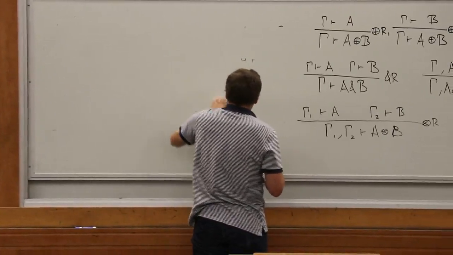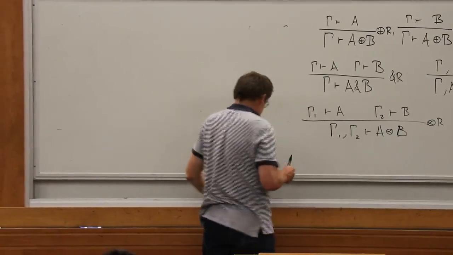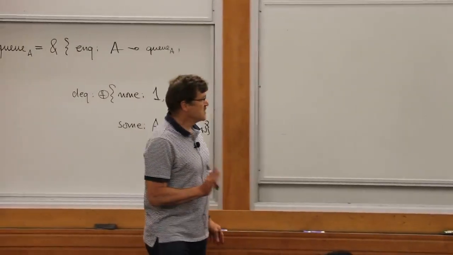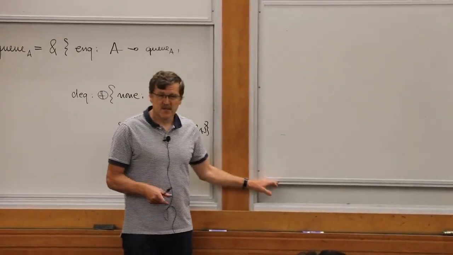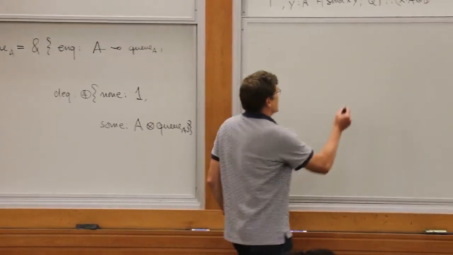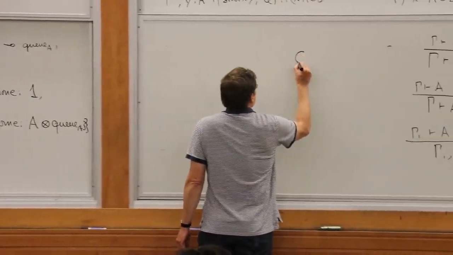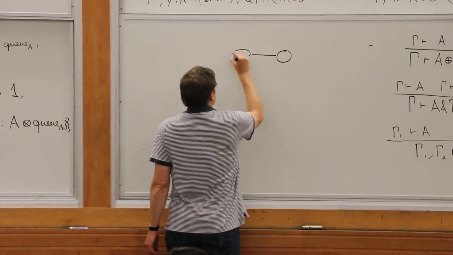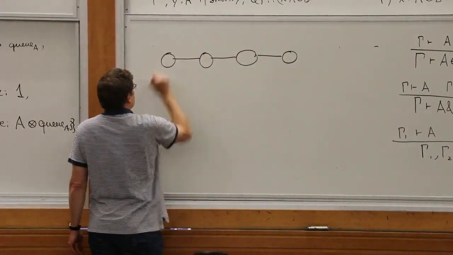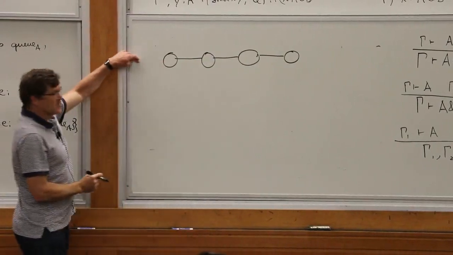So the way I want to implement this is completely in an object-oriented style. So not the way I did the counter, but fairly similar at some level. What I want to do is the following. I have a bunch of processes which are connected. The last one doesn't have anything here.